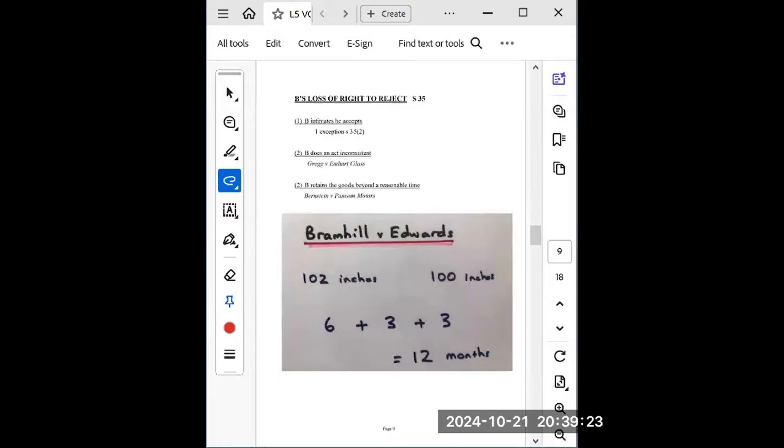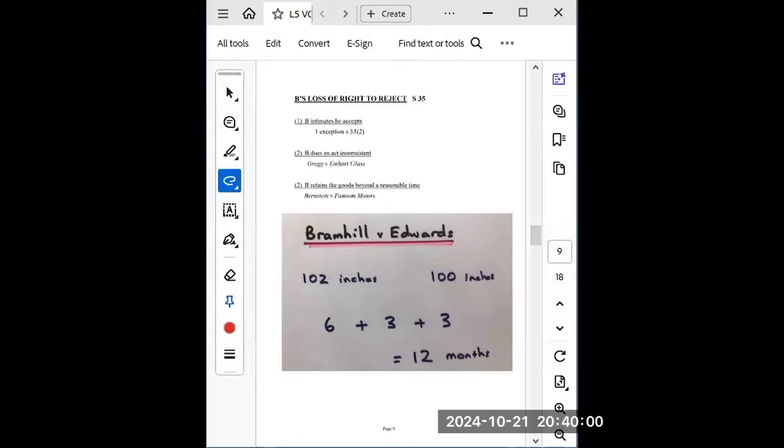Note that there is one exception to that rule. 35 sub 2 is the exception. 35 sub 2 says, the buyer is not deemed to have accepted the goods which he has not previously examined unless the buyer had a reasonable time to examine. Note, 35 sub 2 only applies where the buyer has not previously examined the goods.